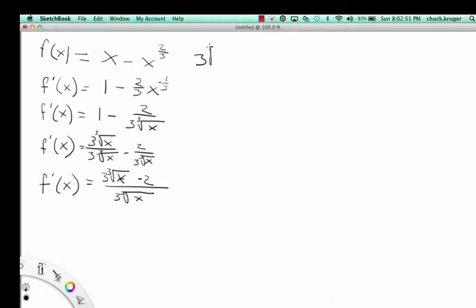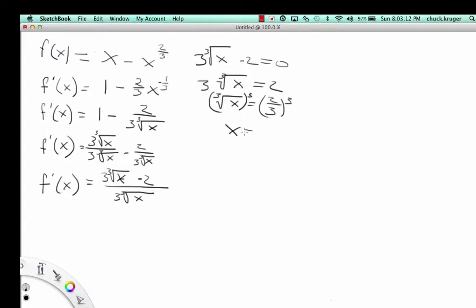So I have 3 times the cube root of x minus 2 equals 0. The cube root of x equals 2/3. To solve for x, I cube both sides, and x is going to equal 8/27.